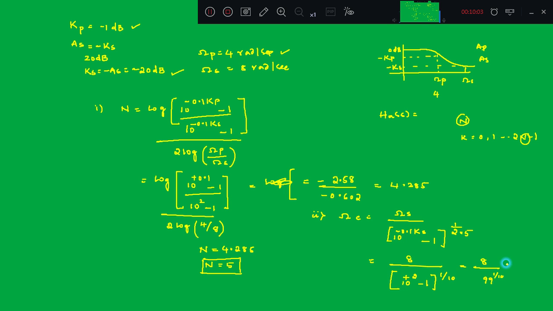So how much will you get? You will get 4.5787, right? I am not discussing all the steps, so you just simplify and verify whether you get the same answer or not. 4.5787 radian per second. So this is the cutoff frequency.